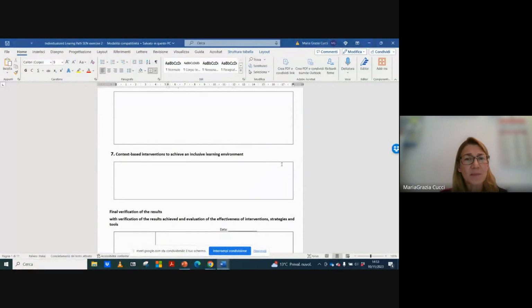Maybe when I say that, you are already thinking of different examples and different situations in which you can use something that is inclusive learning, which is good for your students with special educational needs, and is, of course, very useful for everybody, because it is an intervention that can be helpful for everyone.